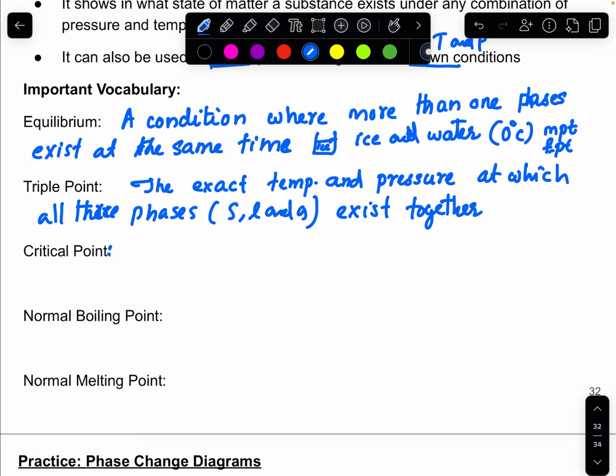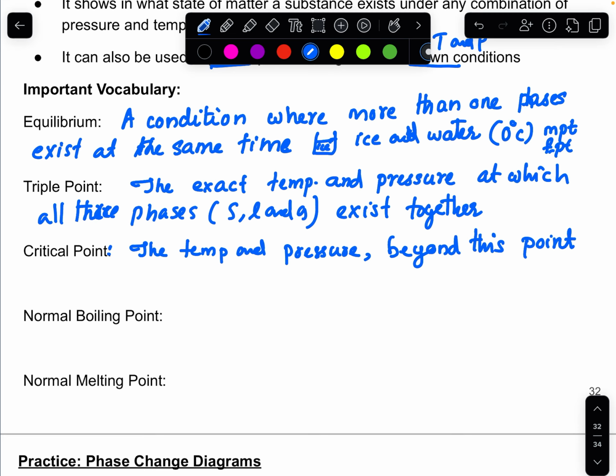We can write it is the value of the temperature and pressure beyond this point, phase change is not possible between liquid and gas.